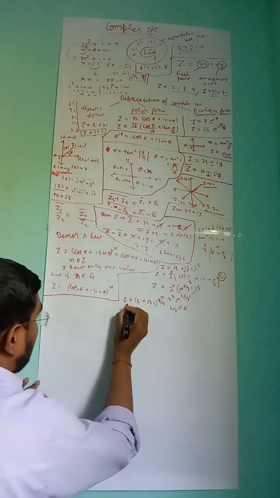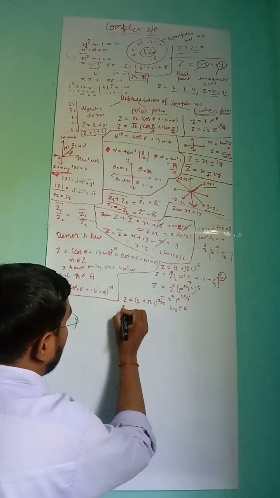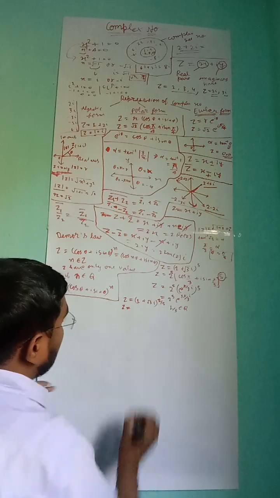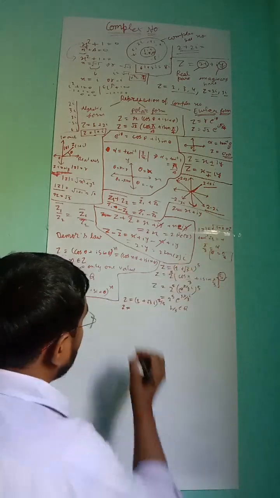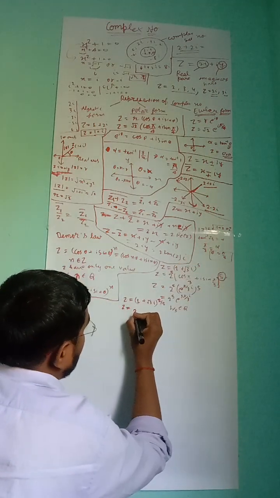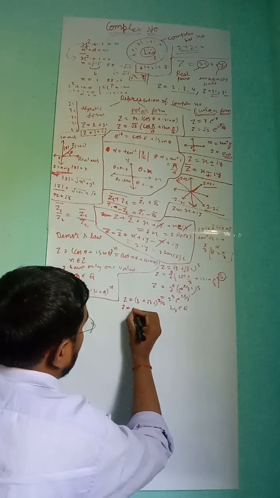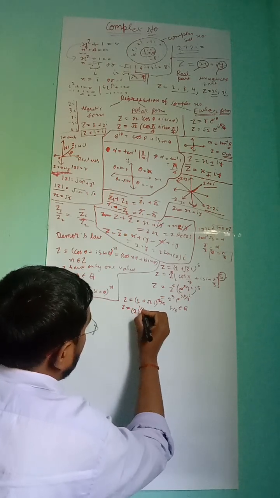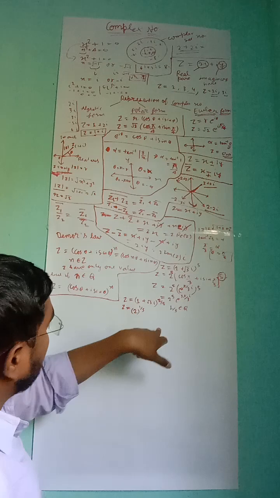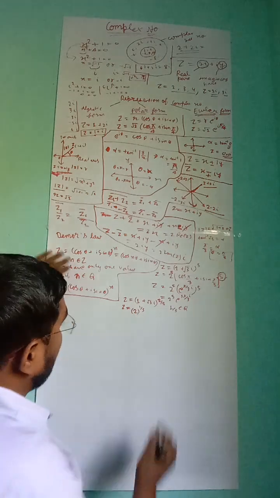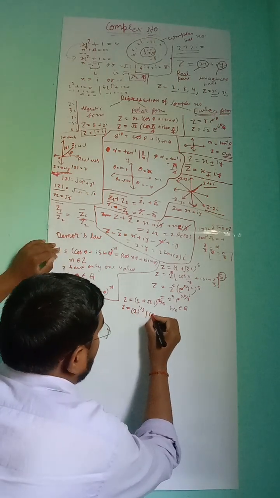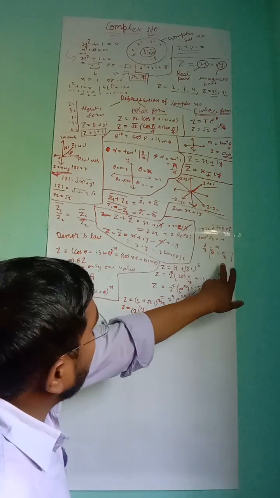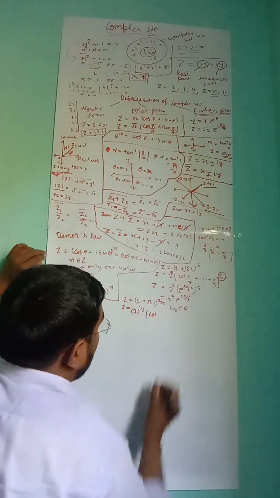What is the value here? Here the modulus is 2 power 1 by 5, and theta is pi by 3.